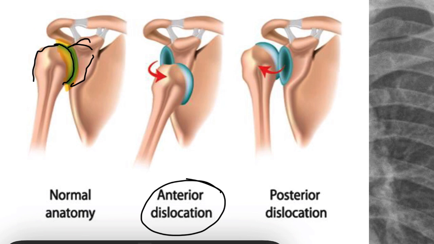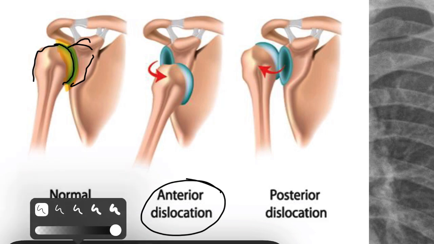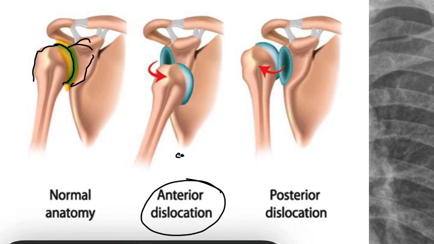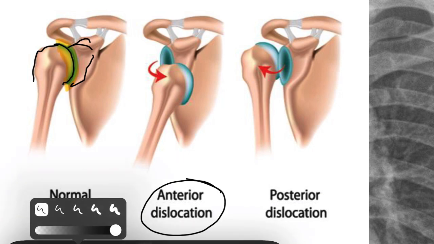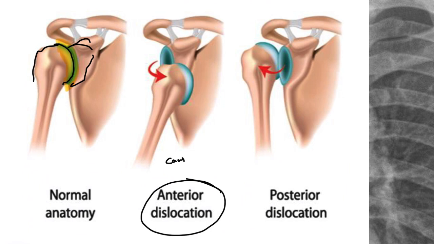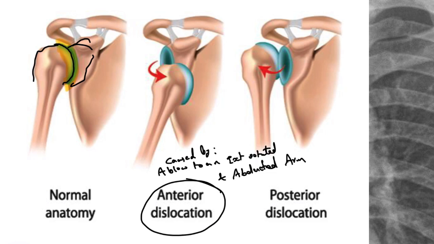This anterior dislocation is mostly caused by a blow to an externally rotated and abducted arm. If any person has a sudden pulling, then you can see the anterior dislocation.